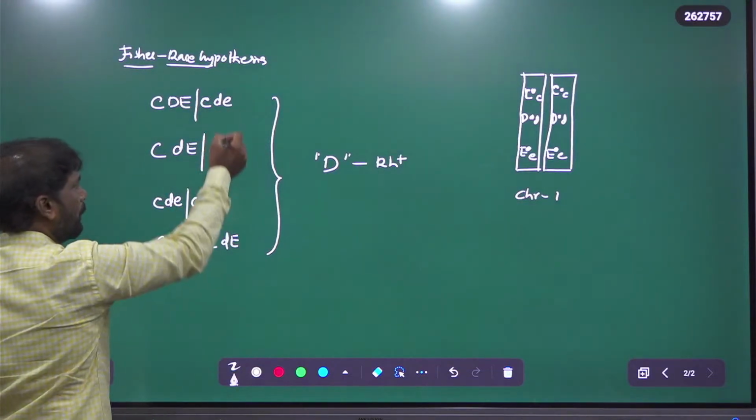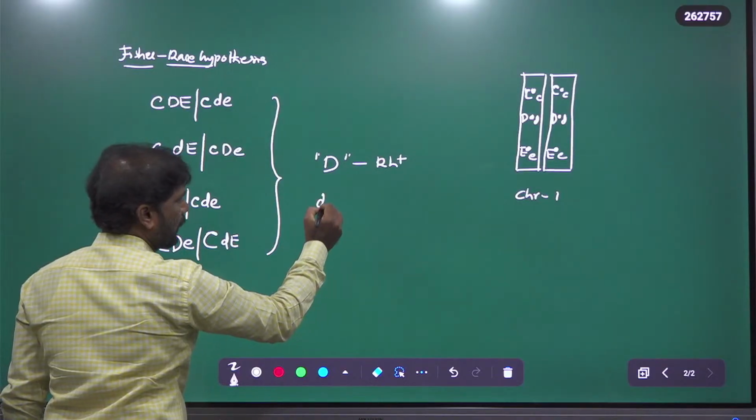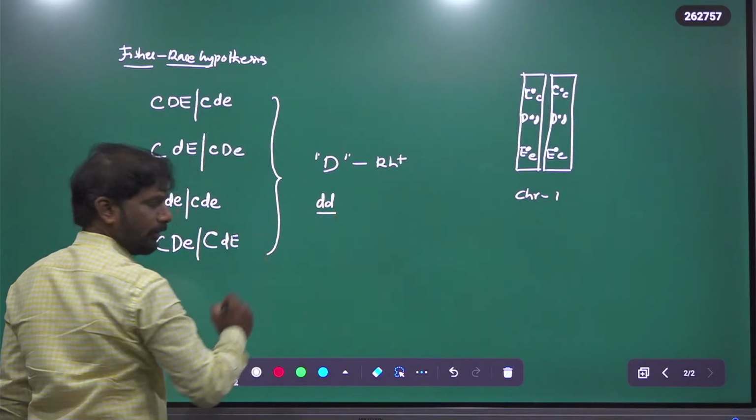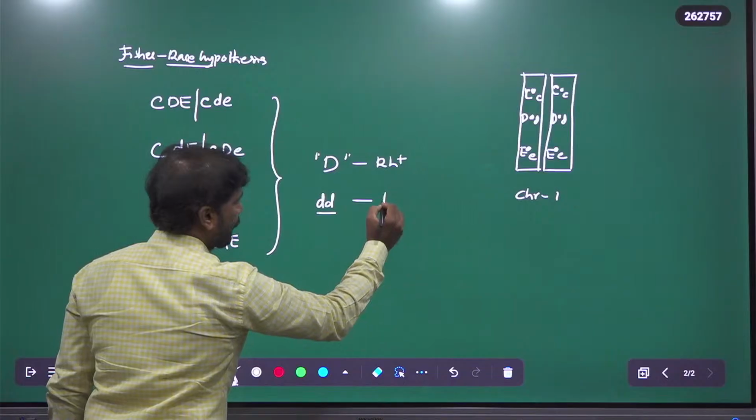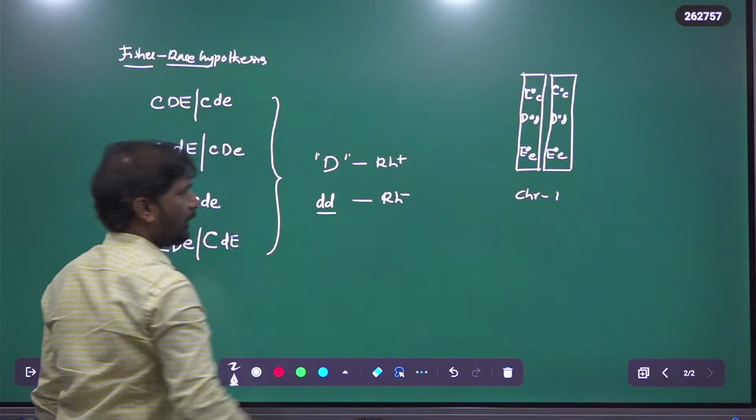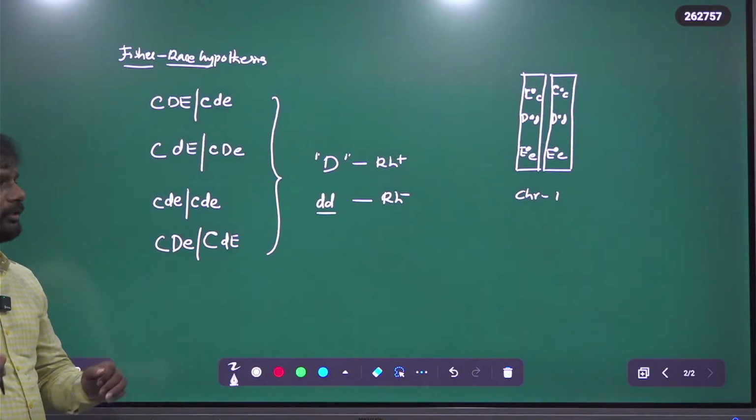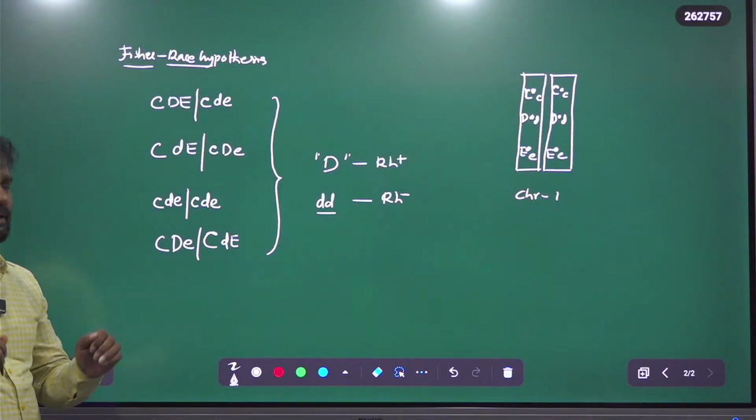The group that includes small d, which is recessive in condition, is Rh negative.